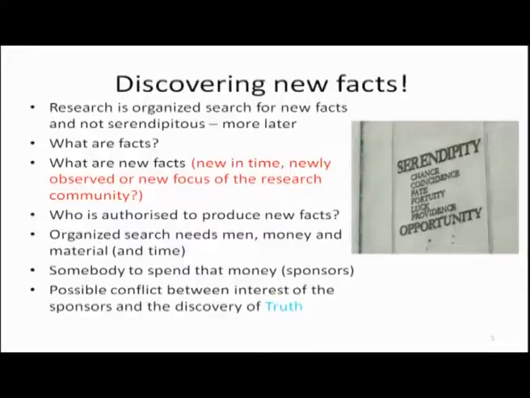We will define this in a later slide, but it means that research is planned and organized. It is not sudden, it is not opportunistic. Like this image here of serendipity shows that it refers to chance, coincidence, fate, fortuity, luck, providence or opportunity. No, it is not. Research is not serendipity. Research is organized.